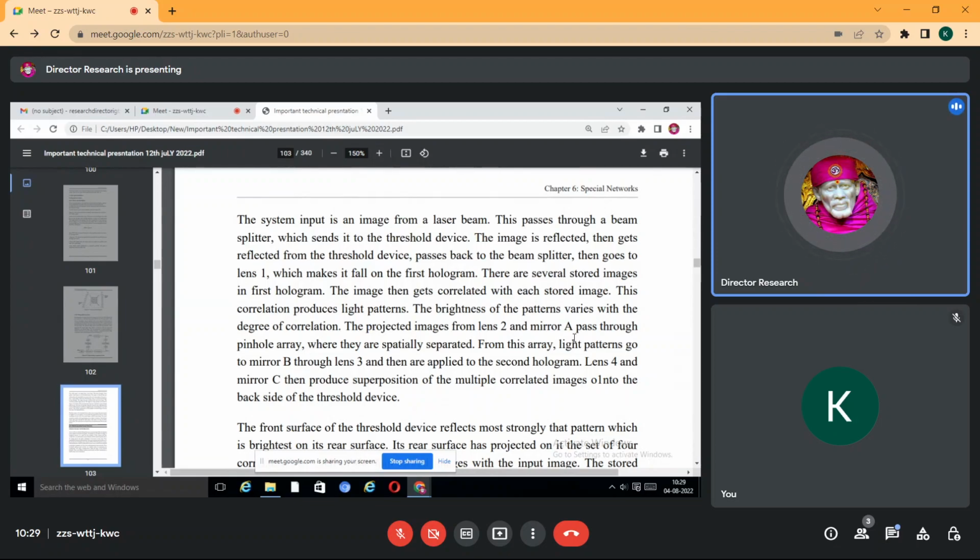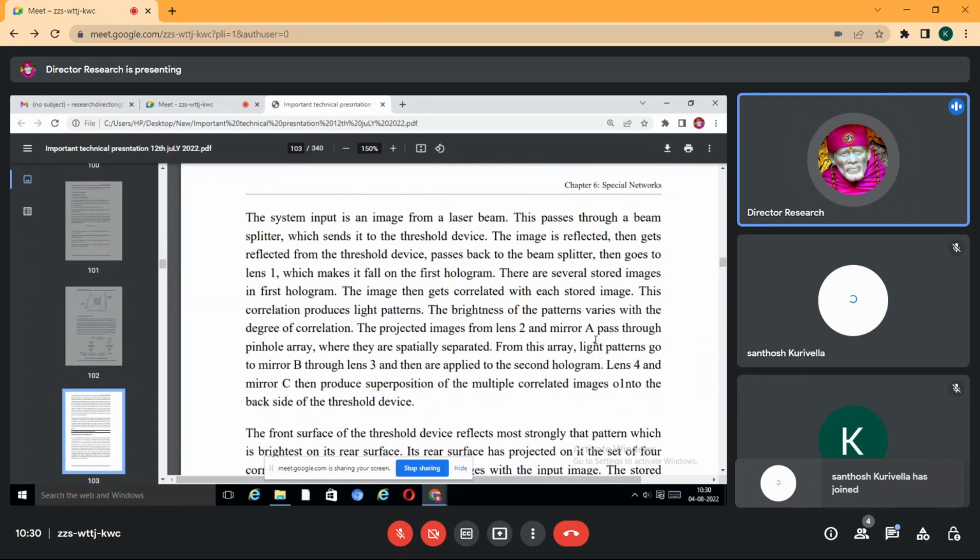The image is reflected from the threshold device, passes back to the beam splitter, then goes to lens 1, which makes it fall on the first hologram. There are several stored images in the first hologram. The image then gets correlated with each stored image. This correlation produces light patterns. The brightness of the pattern varies with the degree of correlation.